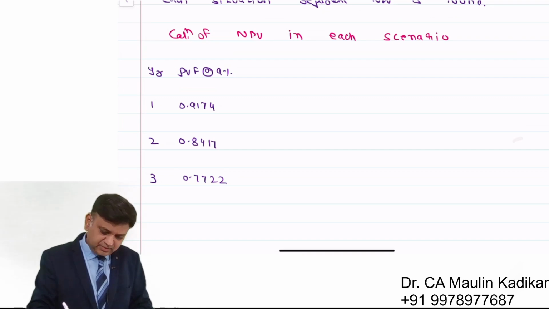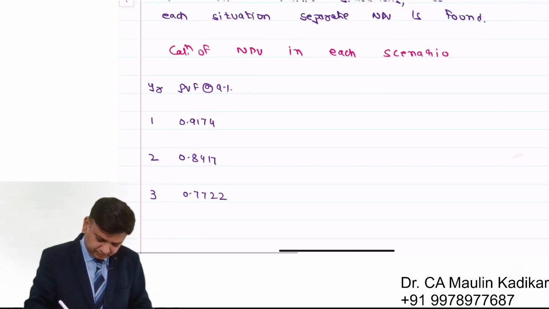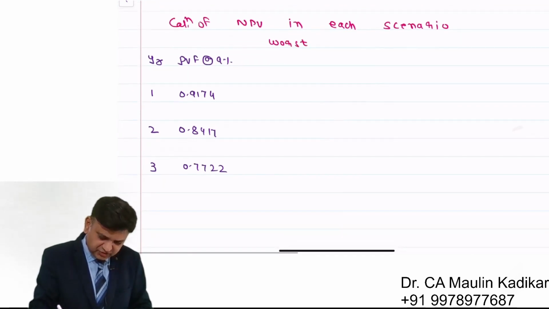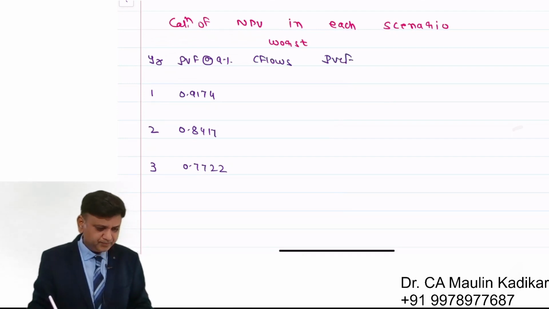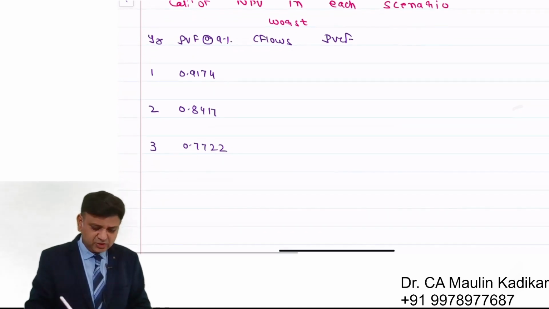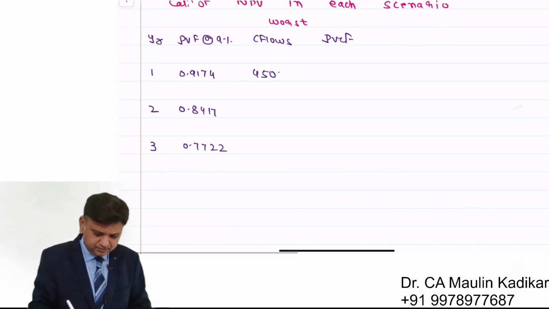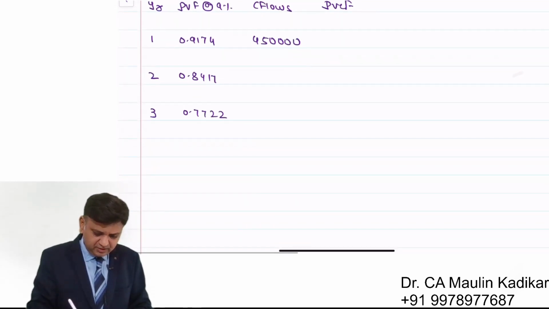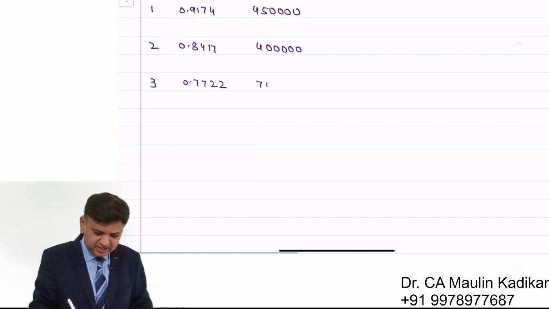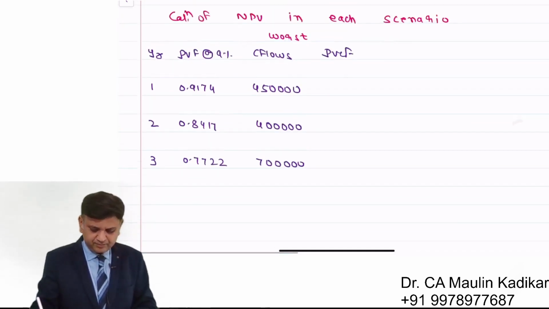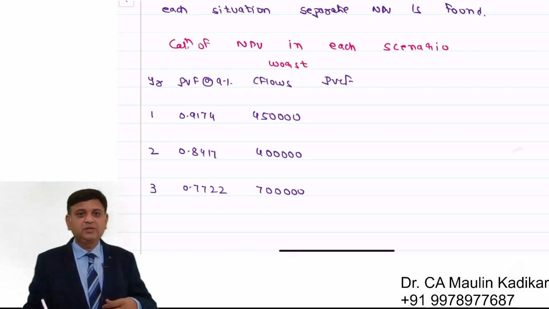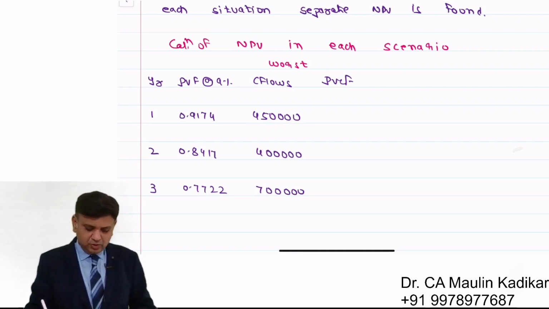Next is worst circumstances. In that, cash flows and present value cash flows. In worst circumstances, cash flows are 4,50,000 for year 1, 4 lakhs for the second year, and 7 lakhs for the third year. These cash flows will be discounted in present value terms using the given factor.